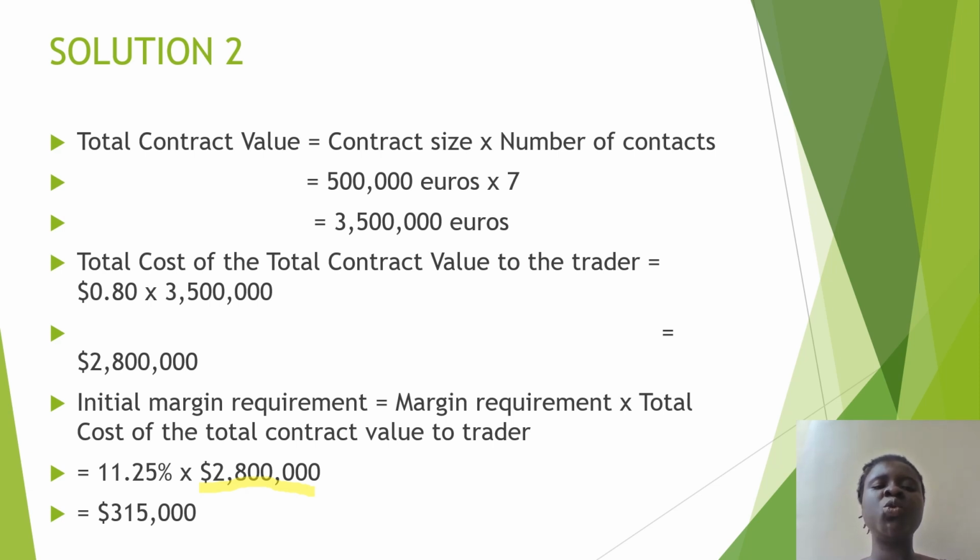So to find the total cost to the person, you have to use the 0.80, because that's the futures price they entered into. The initial margin requirement will be the margin requirement times the total cost to the buyer. So the buyer will be expected to hold $315,000 in the margin account as a form of equity.